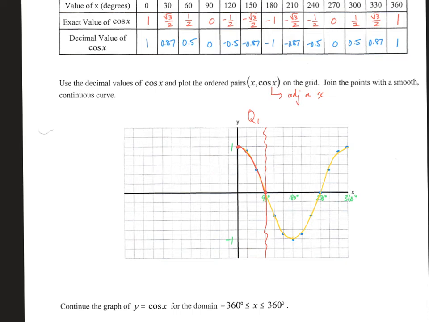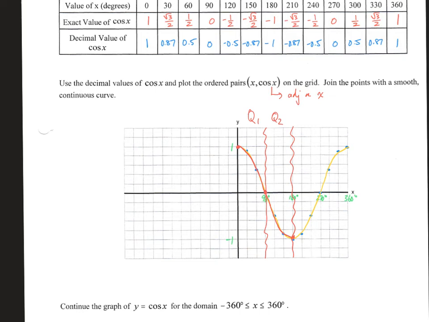As soon as we cross 90 degrees with our terminal arm, our adjacent side starts to become longer, but since we're going to the left, it becomes a negative value. And we go all the way until we get down to 180 degrees. At the end of quadrant 2, our terminal arm is as long as it can be for x values. It's completely sideways.